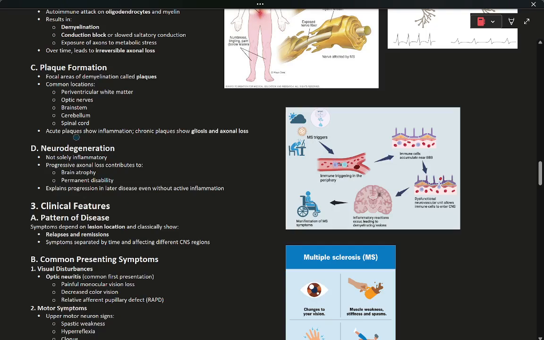And so acute plaques will show inflammation, while chronic plaques will show gliosis and axonal loss.